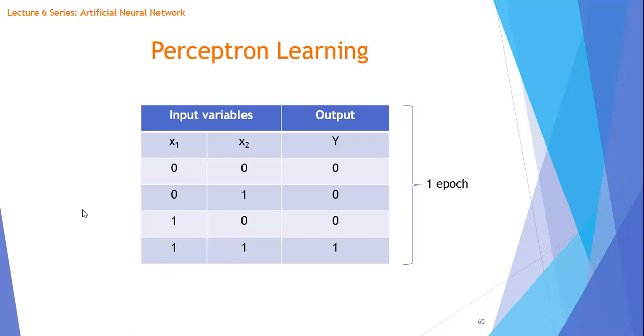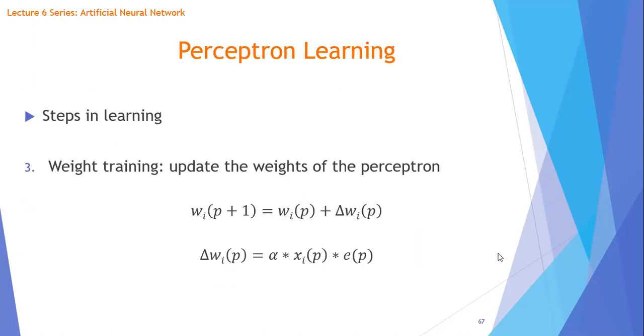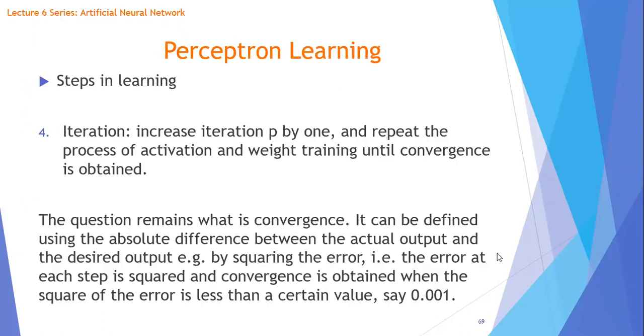When you finish it, like I said, you go back here and you train again and again and again. This is what we're saying here. Once you have finished one iteration, you go back and increase the iteration number p by 1 and repeat the process of activation and weight training until convergence is obtained.